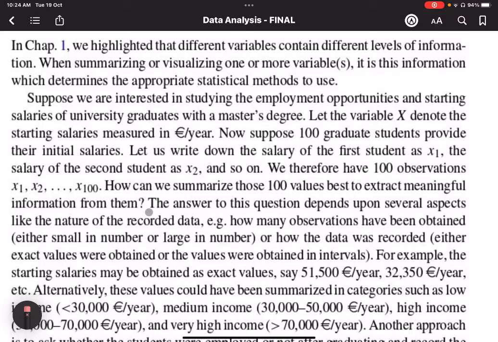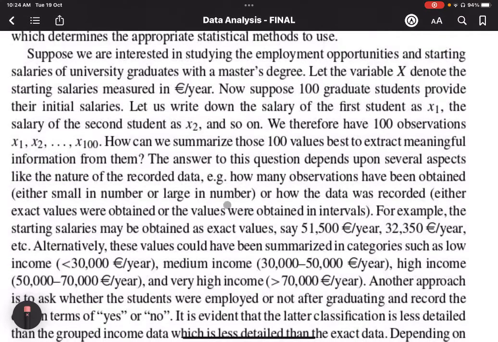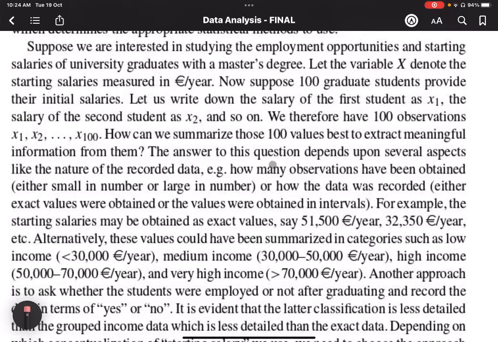How can we extract meaningful analysis from these 100 values? Remember, salaries are our subject of study. So the answer to this question depends upon several aspects, like the nature of the recorded data, how many observations have been obtained, which is 100, or how the data was recorded.